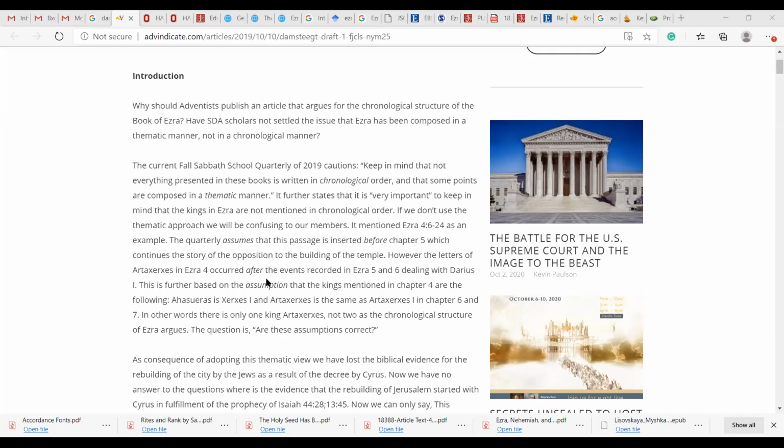And that is why in our Sabbath School quarterly, they didn't say that Artaxerxes is false Smerdis. It is just the majority opinion that it is about Artaxerxes, not Xerxes, not the false Smerdis. So is it clear, these problems?